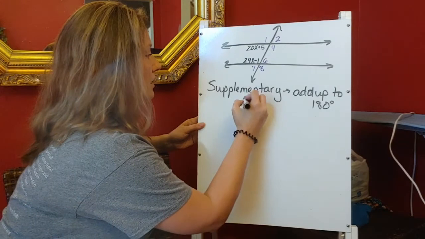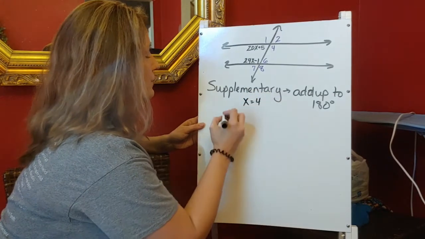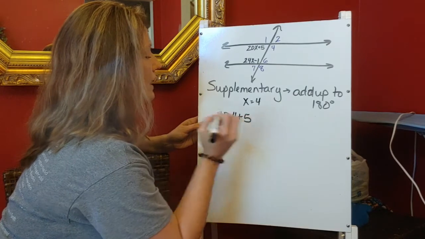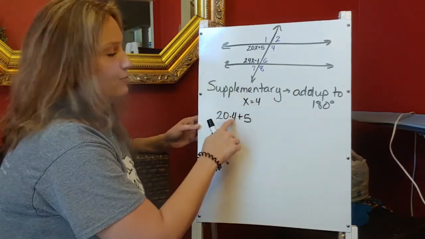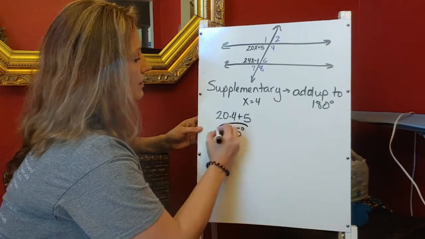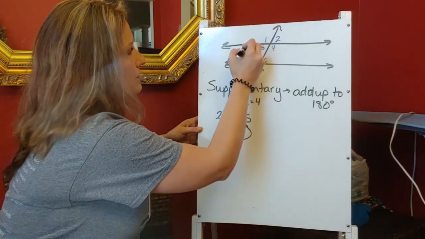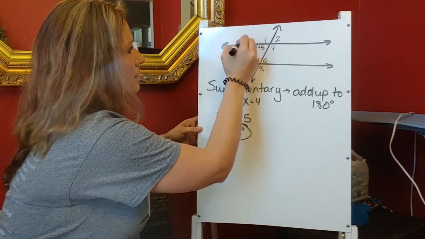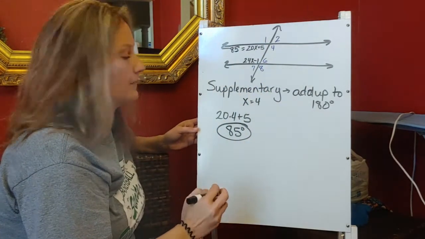So x is 4, 20 times 4 plus 5. 20 times 4 is 80. 80 plus 5 is 85. So this one right here is 85 degrees.